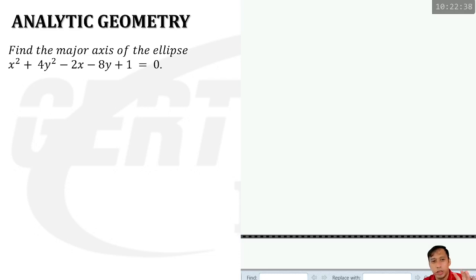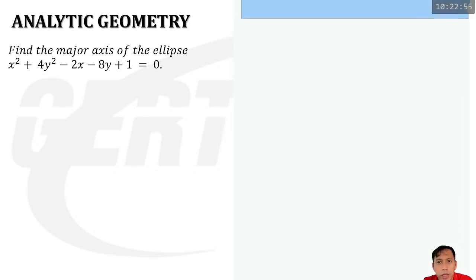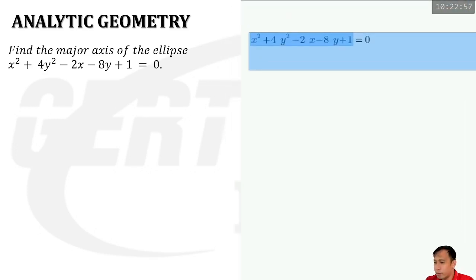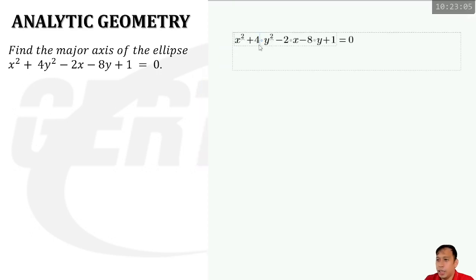They thought the answer is this, but it is not. Again, do completing the square.